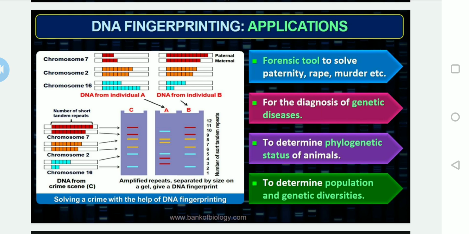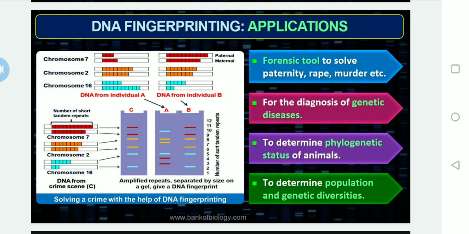So here the DNA of two individuals is given, the DNA from individual A and the DNA from individual B. Consider the DNA from individual A is the male parent, and the DNA from individual B is the female parent. Here they have mentioned clearly chromosome 7, chromosome 2, and chromosome 16, so that they can identify the similarities and dissimilarities based on the number of short tandem repeats.